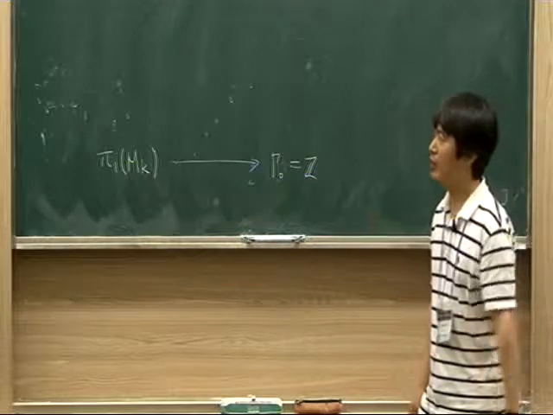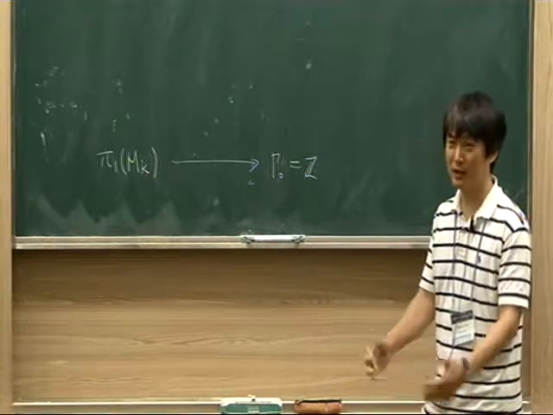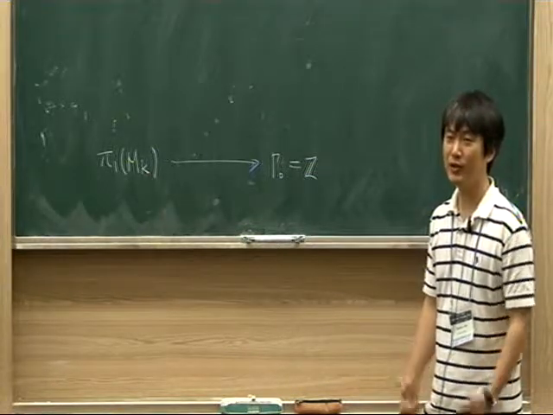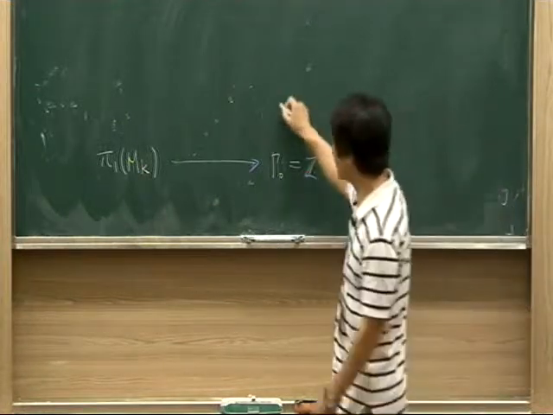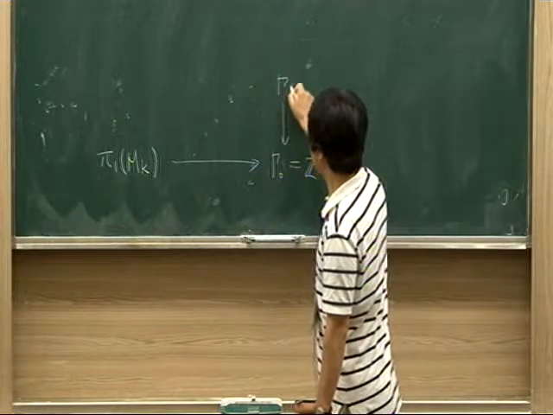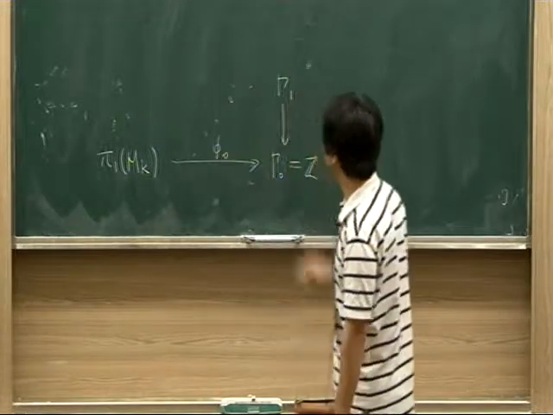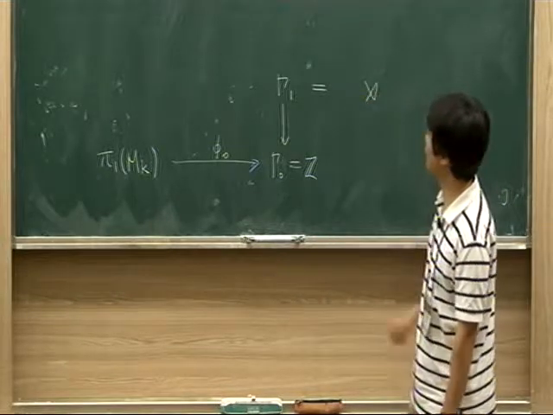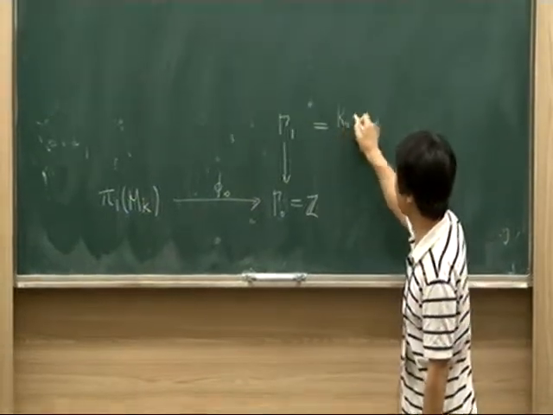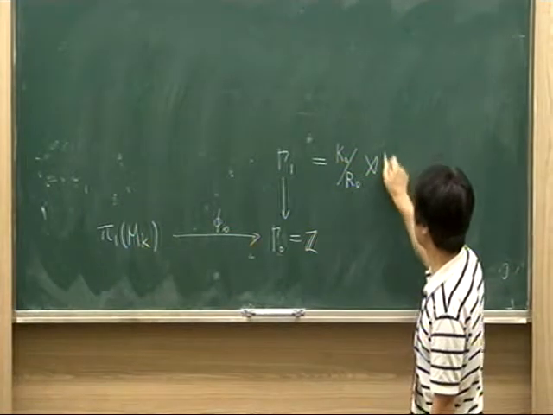And Cochran, Orr, and Teichner defined certain groups, gamma n for each n. So the next one is gamma 1, and gamma 1 is defined to be the semi-direct product of a certain K0 mod R0 and gamma 0.